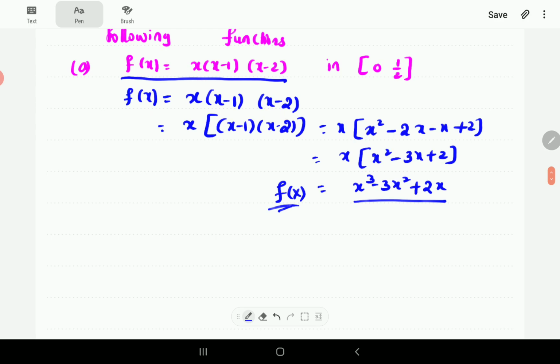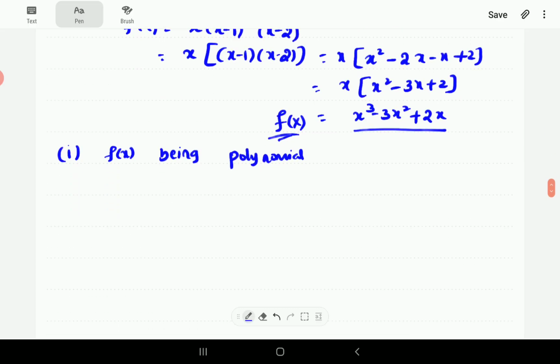As we know, being a polynomial in x, it is continuous in the closed interval. So the first condition: f of x being a polynomial, it is very interesting, there is not much work, you can directly tell that it is continuous.